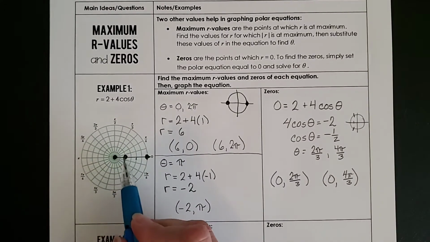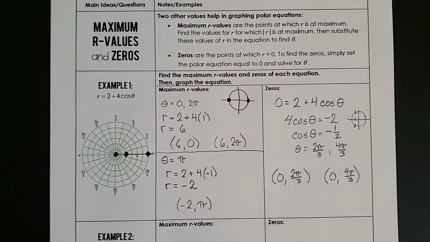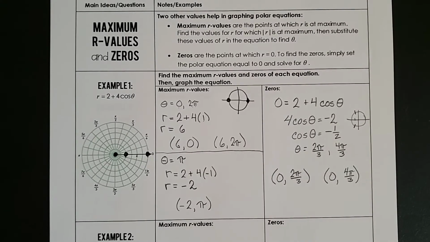It doesn't matter the angle of rotation. They both hit back at the same spot. But as we go to graph them, we're going to see that it hits that spot at a couple of different times as theta progresses around the unit circle.